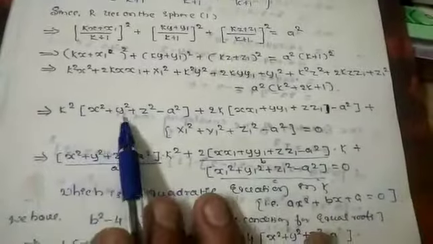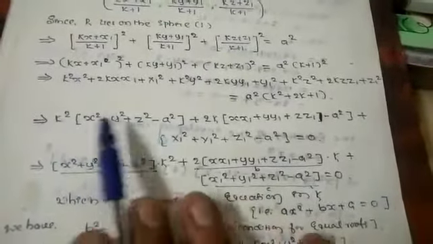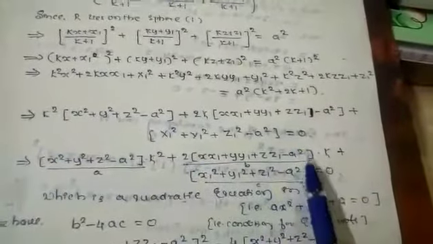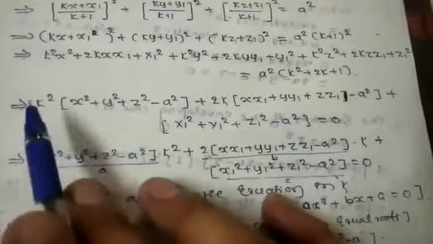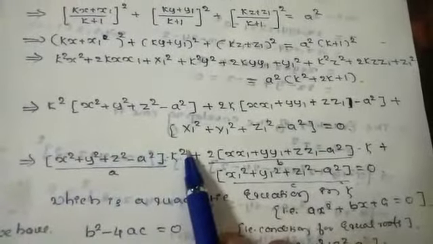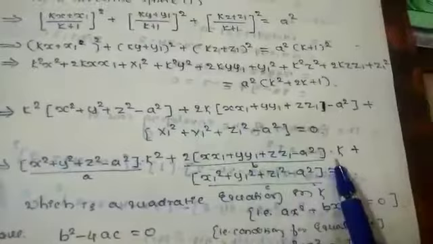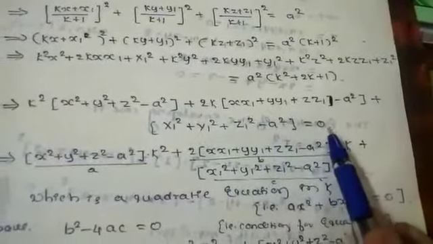In this equation, a into b can be written as b into a, so we are just rearranging the terms. So we write it as the first term into k square plus 2 into this term into k plus the last term c equals 0.